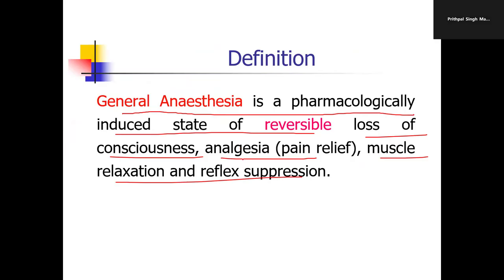I told you in one of the previous pictures that you could see the person holding his hands together because of the amount of pain that he was suffering. Now general anesthesia has four components: loss of consciousness, analgesia, muscle relaxation, and reflex suppression, and all this is reversible. The most important part out here.